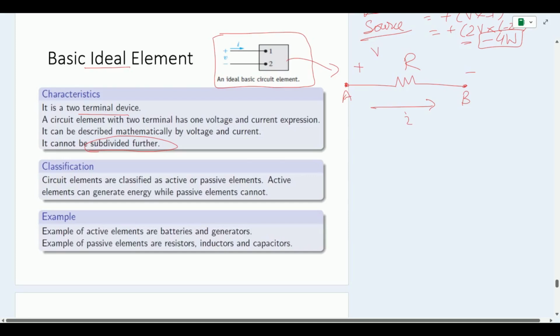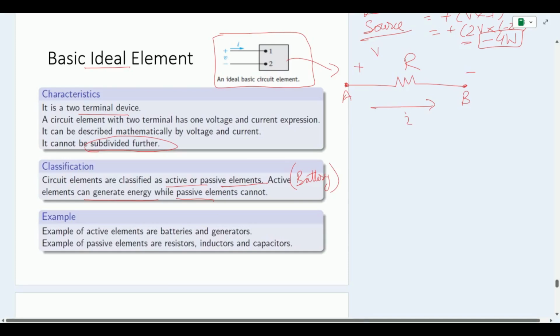We also classify these elements into two categories, active elements and passive elements. Active elements are those that can generate energy. For example, a battery is an active element because it generates electricity or electric signals. Passive elements are those that consume energy, but they don't generate energy. They basically facilitate the circuit.